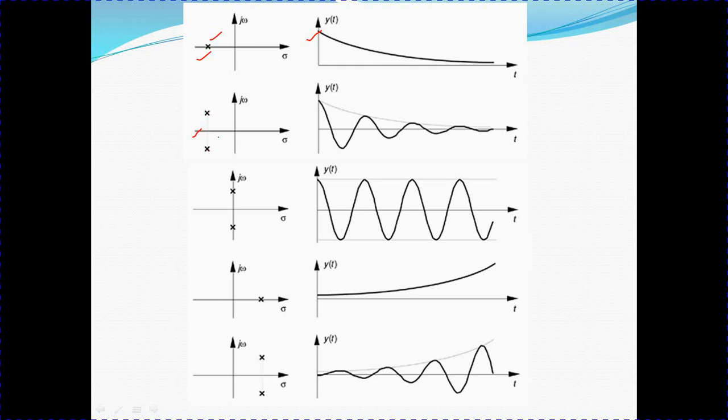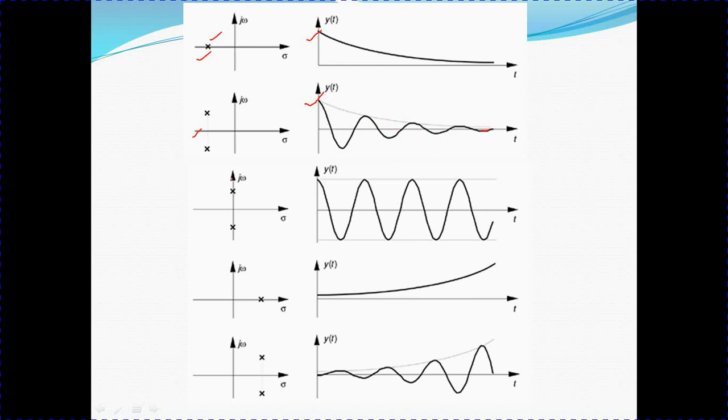Here the two poles are complex conjugate poles, or the roots of the characteristic equation for this particular system are given by complex roots, and the output of the system in time domain is like this. So here also you can see the system is going to be stable after some time.